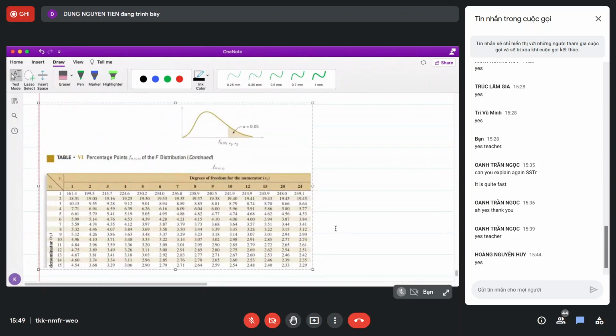Okay, so we can see that we get the following table for the two degrees of freedom, and you have to be careful with the two degrees of freedom, because if you use the wrong one, then you get the wrong answer.